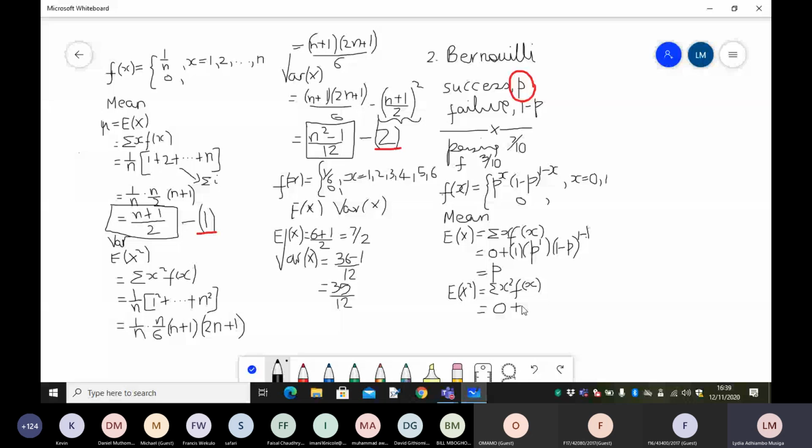And when x is 1, we have 1 squared multiplied by f of x. What is f of 1? F of 1 will be p raised to 1 multiplied by 1 minus p raised to 1 minus 1, which is 0. So again, expectation of x squared is equal to p.